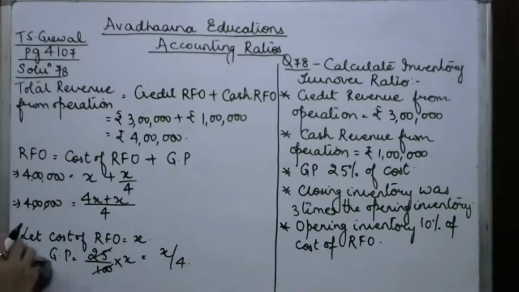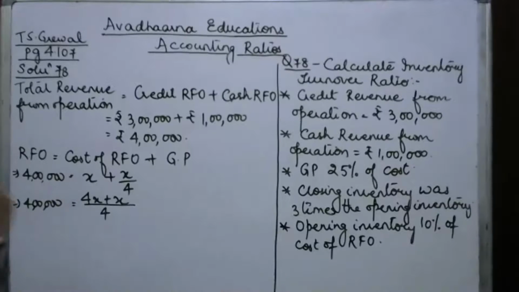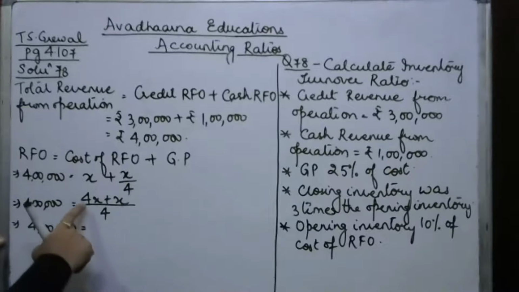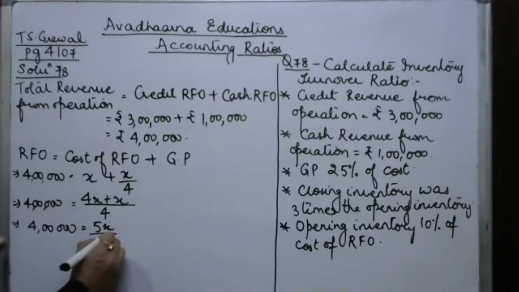Fine. I am rubbing this because I need to solve it for x. Now 4 lakh is equal to 5x upon 4.